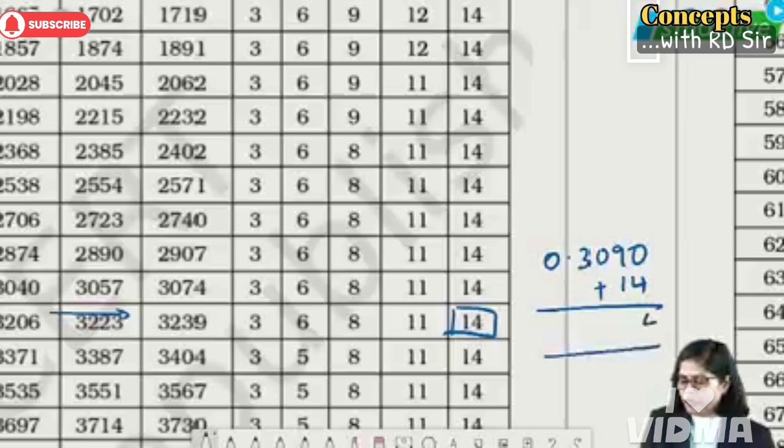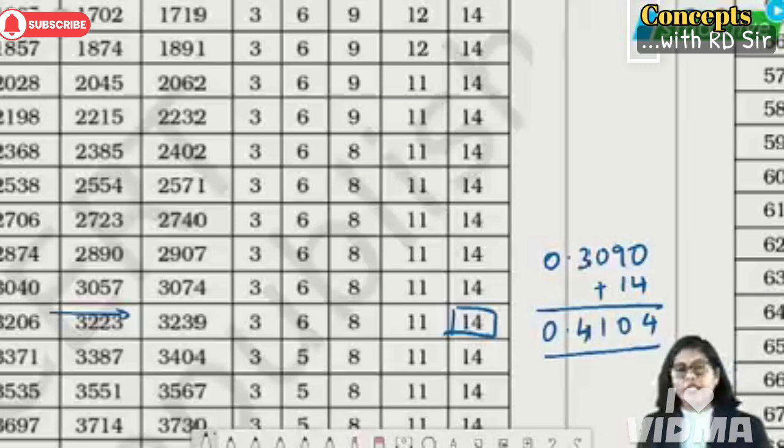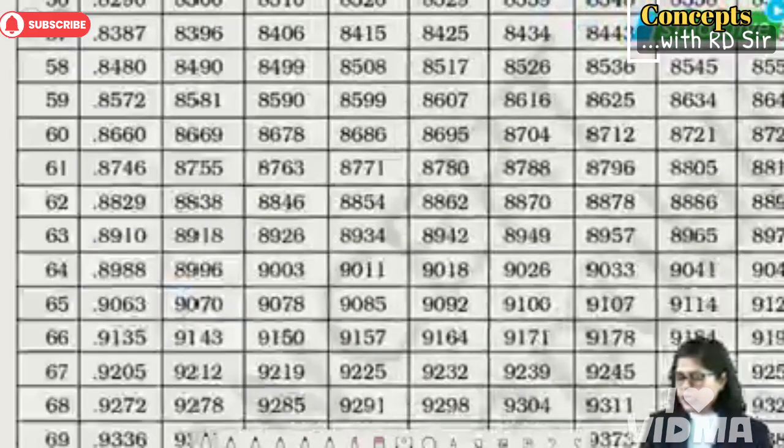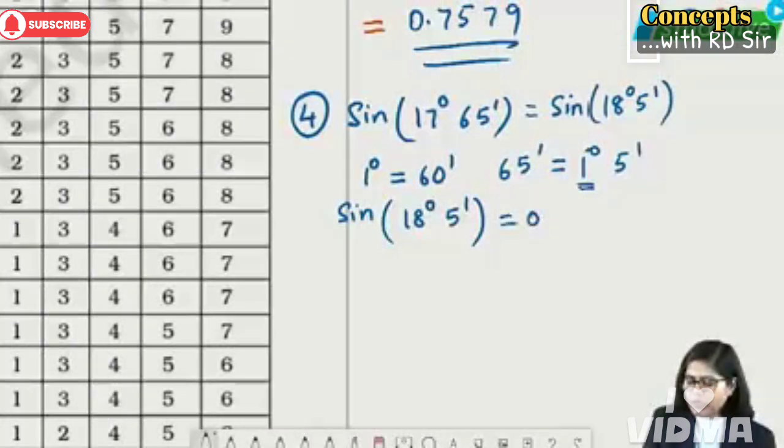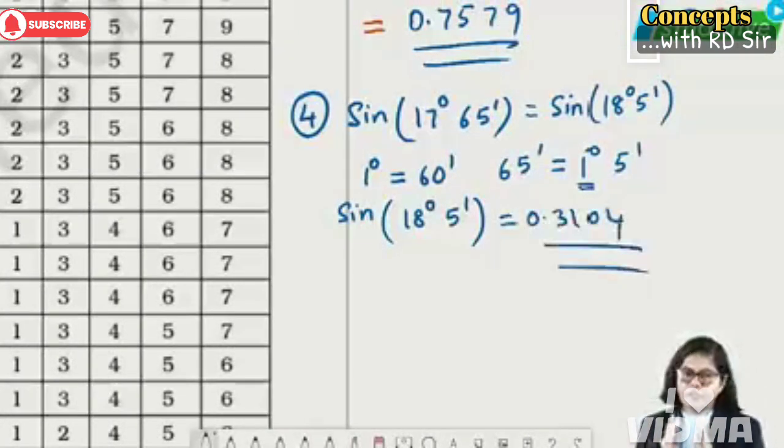So what do we get then? 4. Right? Sorry, this is 31. 0.3104, right? So that is the answer I am getting here, 0.3104. So this is how we can get the sine value of any degrees and minutes which is given, we can convert it. Right students?